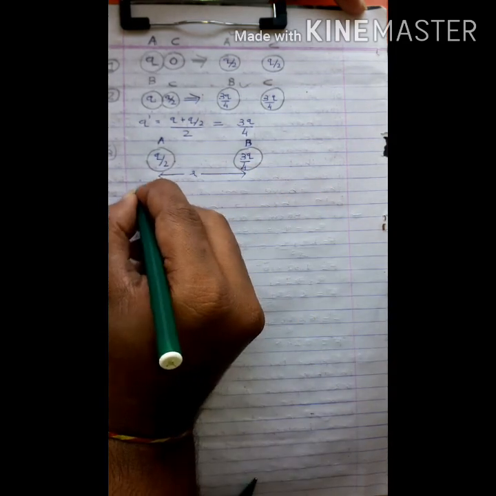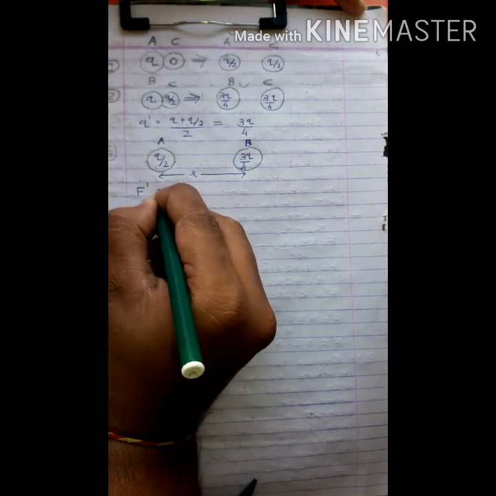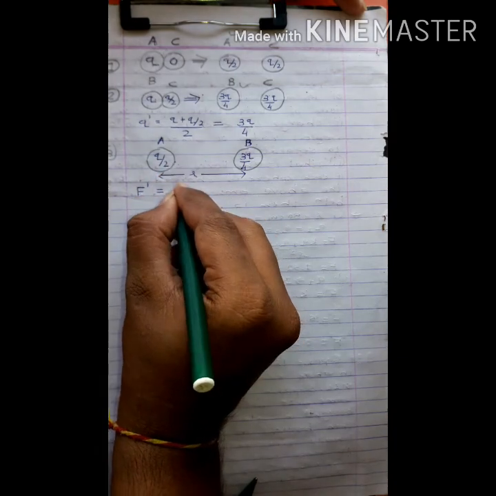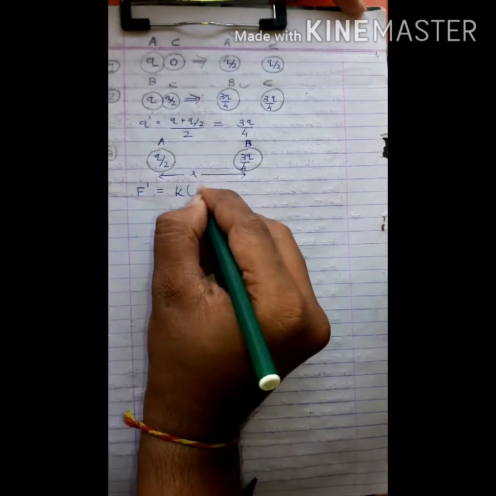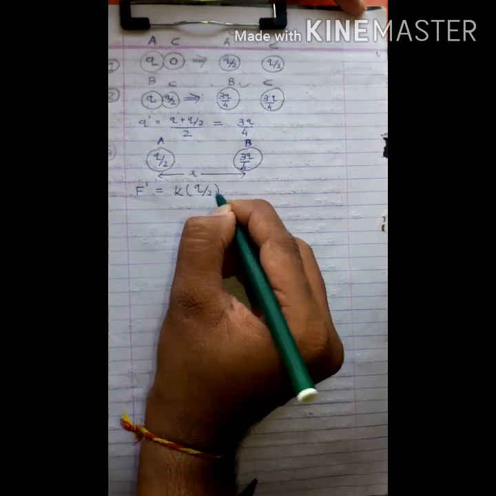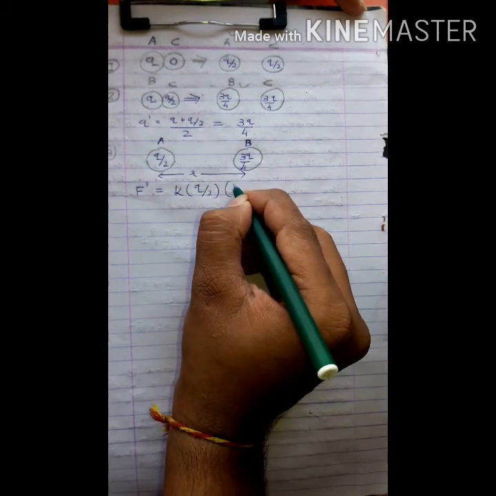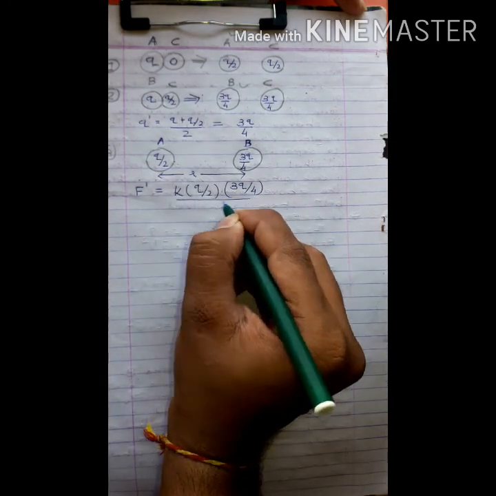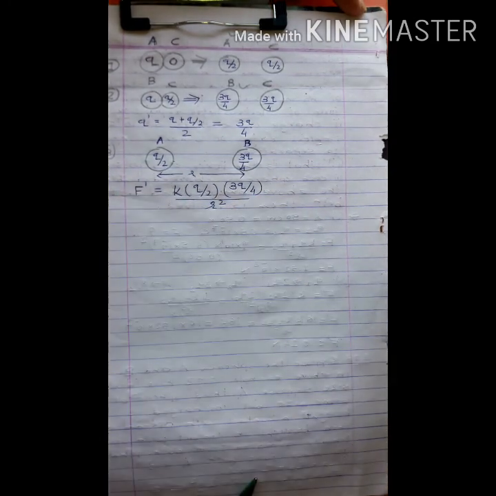So now we want the new force. The new force F dash equals, we will use the equation of Coulomb's law: F dash equals K Q1, the charge on the first sphere q by 2, Q2, the charge on B sphere 3q by 4, divided by the square of the distance, r square.